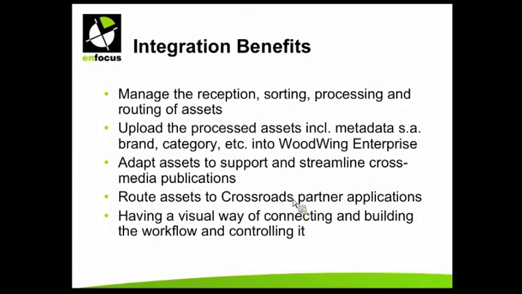Routing assets, we've seen that as well, to different Crossroads partners in order to get a very feature-rich, automated flow with Switch. And again, you can take a look at the pie chart to find the information here. And we have a very visual way of connecting and building the workflow and controlling it.